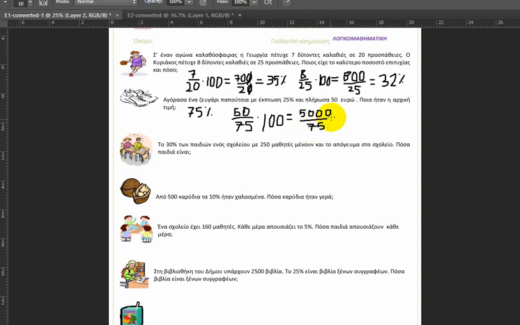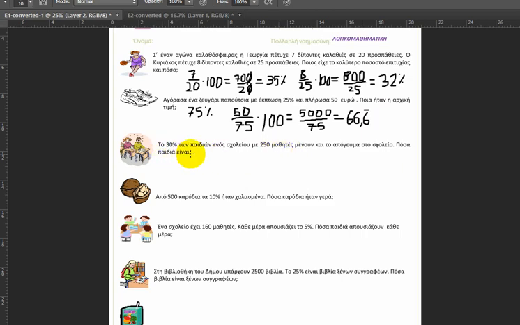You can do this division vertically, and what you would get is 66.66666, so it's a repeating number. So I can just put a line above the 6 to show that it repeats. So it would have actually cost, let's say, 66 euros and 66 cents. That would be the total price.